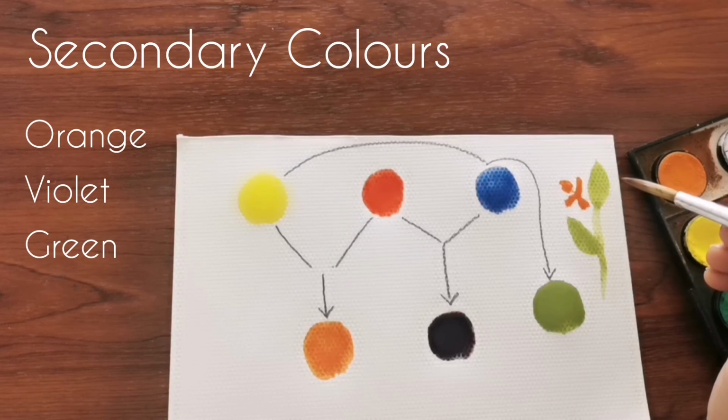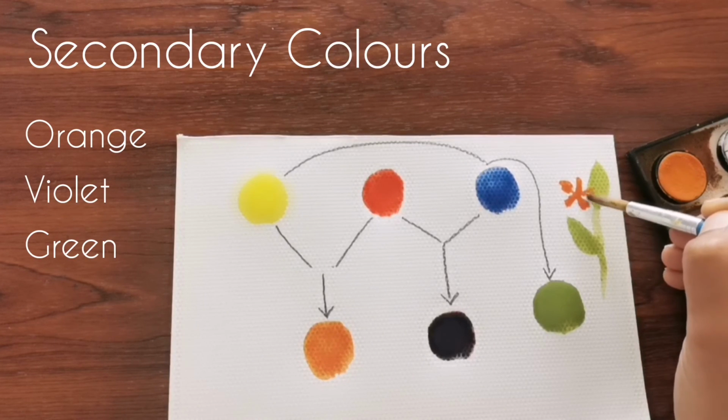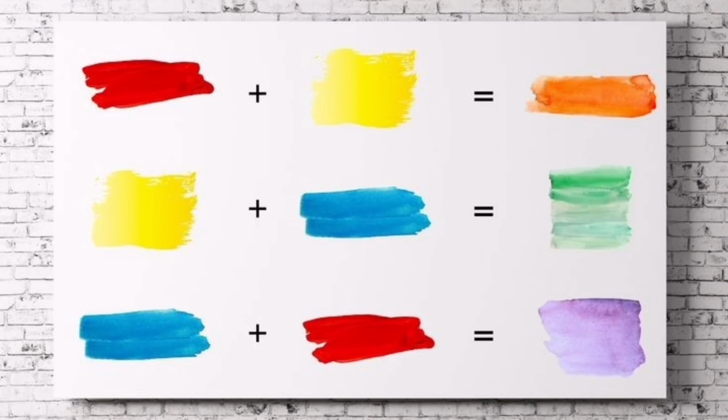If you run out of green, you can make it, and purple also you can make. Just keep this in mind always, how to get all these colors: primary color plus primary color gives you secondary color.